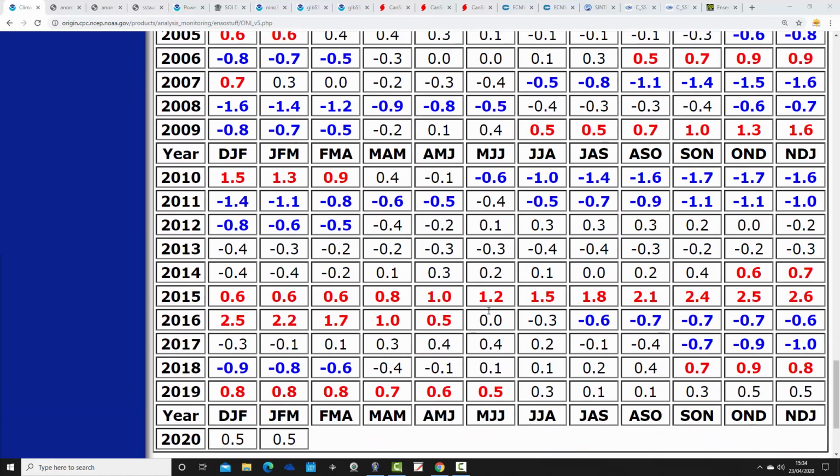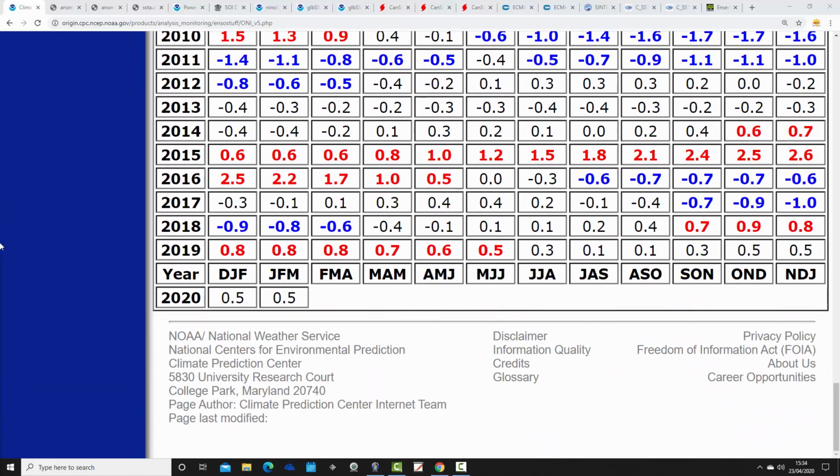Right, let's come down to the latest year then, and we come down to 2019 just there, and 2020 just there. So, of course, we start 2019 with a very weak El Nino event. These red coloured numbers barely reaching El Nino thresholds, just almost half a degree or just above half a degree above average.